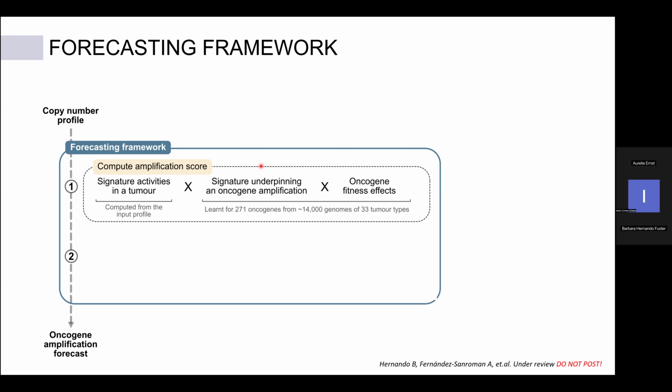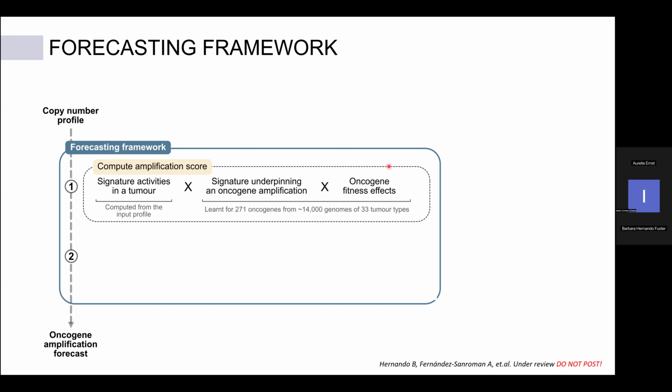Basically, what we have here are the signatures that are enriched in those oncogene amplifications per tumor type. We were able to compute this signature enrichment because we modified our compendium of signatures, the features that define these signatures, to be able to map each one of the signatures to the genomic region where the gene is located.